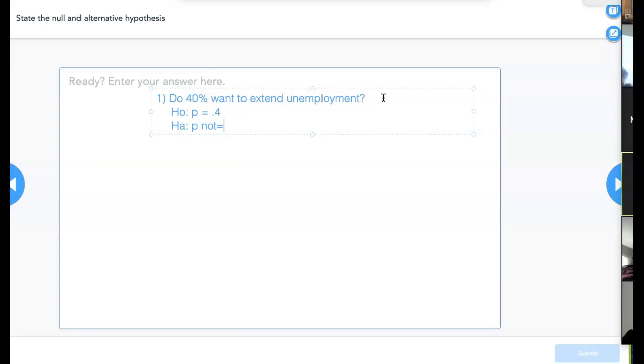I don't have a not equal symbol on my computer. Not equal is 0.4.